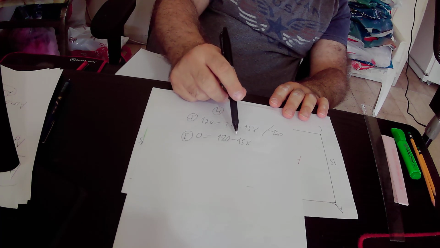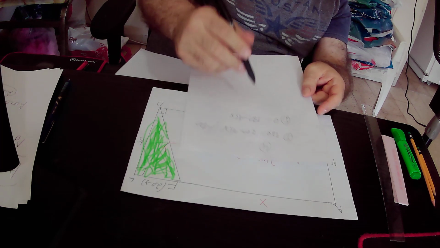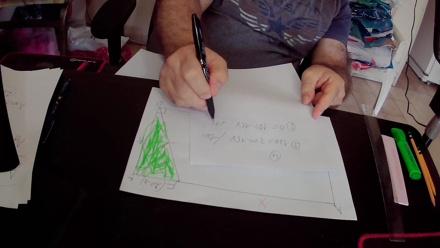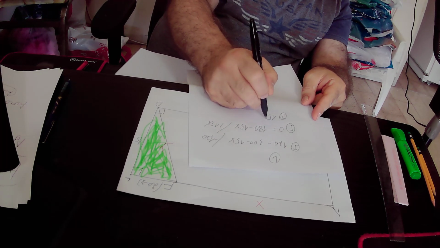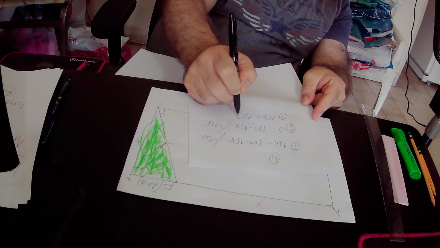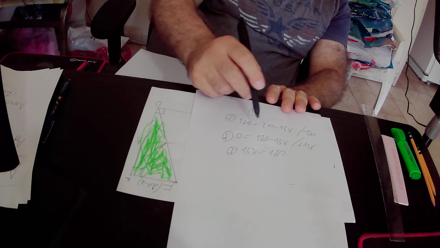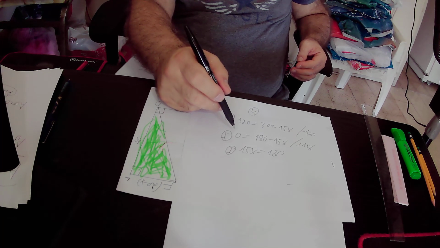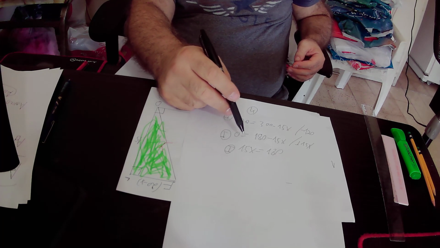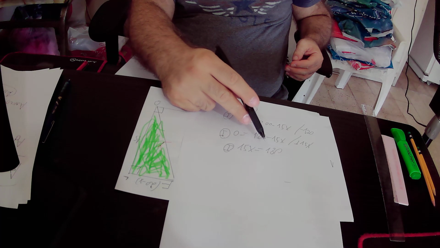Now we add 15x to equation number 1. 0 plus 15x equals 15x, and 180 minus 15x plus 15x equals 180.